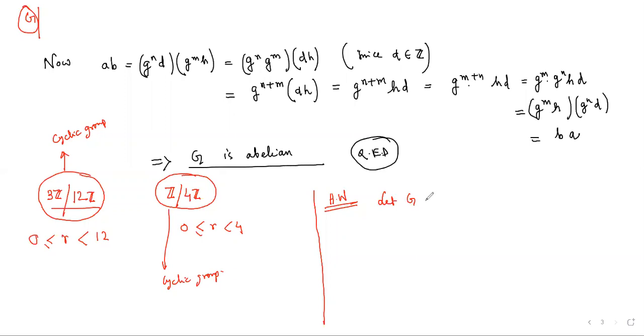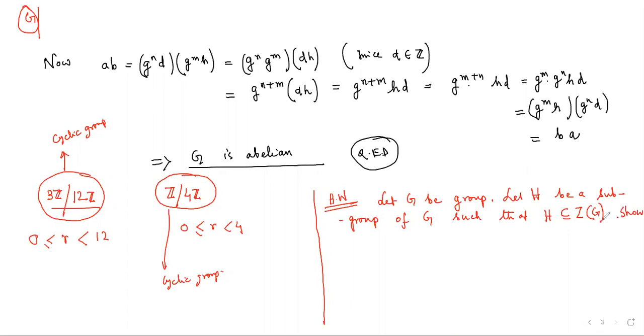Try to think about its logic. Let G be a group. Let H be a subgroup of G such that H is a subset of the center of the group.